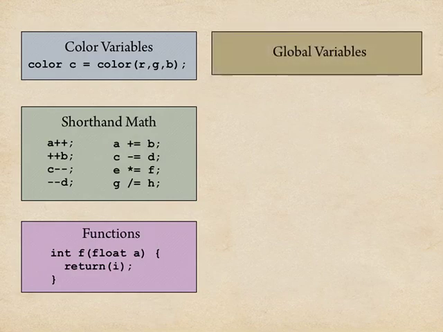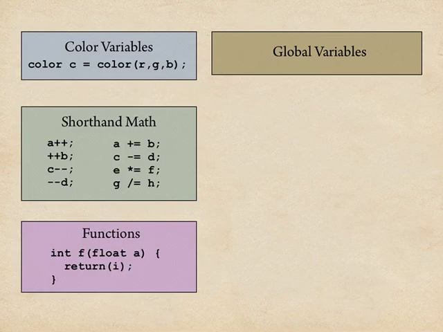We also talked about global variables. Until now, we've only been using local variables. Global variables are declared outside of any function, but are shared by all the functions in your program. Global variables give us a great way to share information between functions without passing explicit arguments.